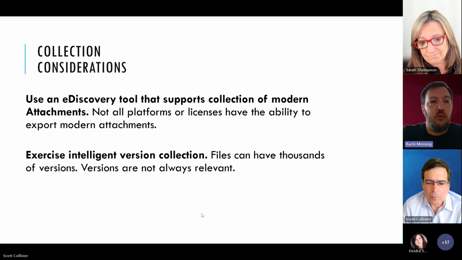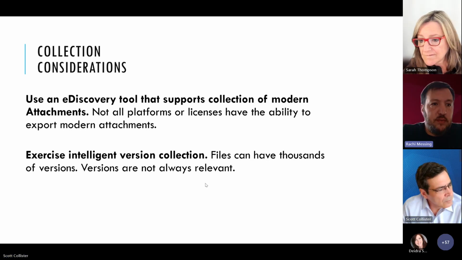Will it actually go ahead and pull that one back? Some will, and it'll go down to various different levels. Some will not. So you really have to dig into the specific tools to understand exactly what the capabilities are for actually collecting these types of attachments.